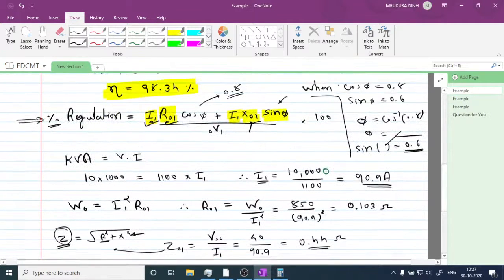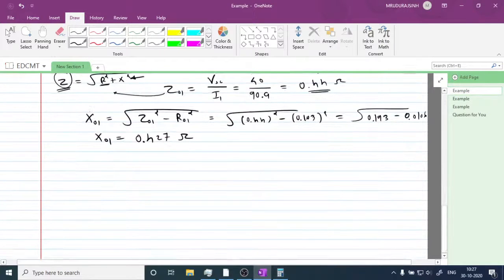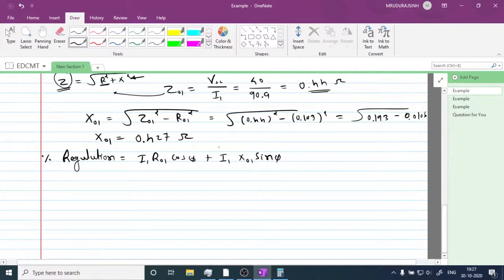What happened? So now we'll write the equation for regulation again. Percentage regulation. The equation for that is I1 R01 cos phi plus I1 X01 sine phi divided by V1.